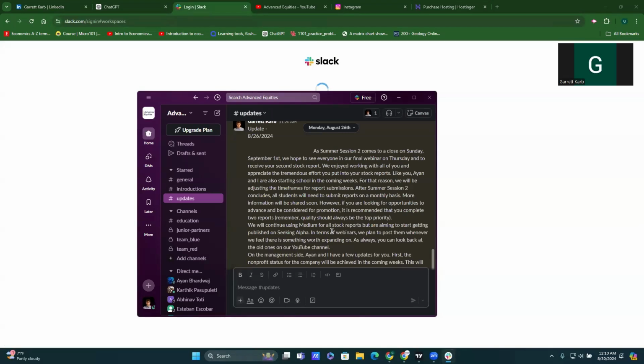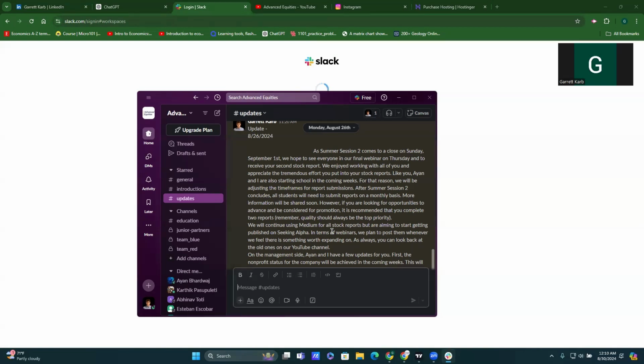Big firms want someone with a specific skill set in a sector, and that's kind of what we want to give you. So what essentially we're asking is that you choose a sector that you enjoy and that you're willing to do more than one monthly stock report on. If something goes wrong and you really hate the sector, you can obviously change it. But we want you to stick with a sector for a while. So that's our plan going forward.